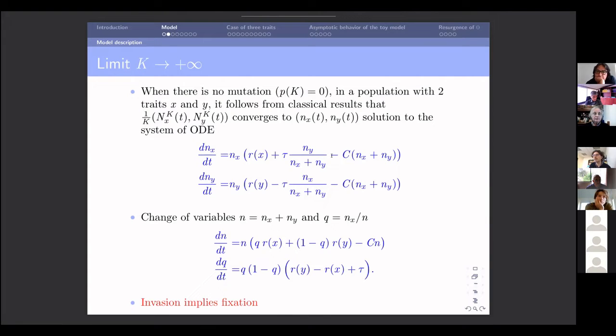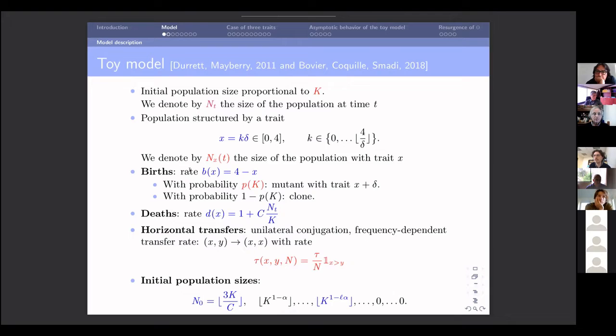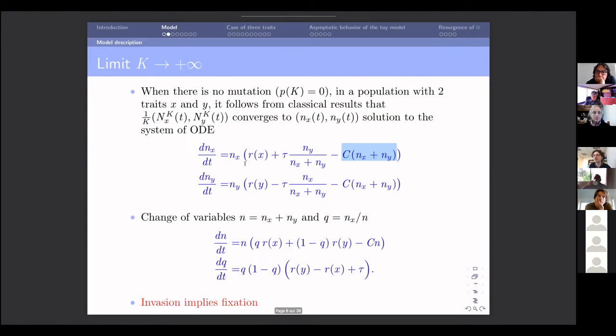And then there is the competition. R of X is 4 minus X minus 1, so R of X is 3 minus X. Sorry for that, I forgot to write it down: 3 minus X here. Then you have the competition, which is C times the total population size, here nx plus ny.